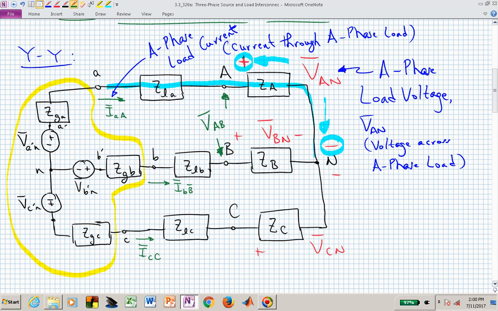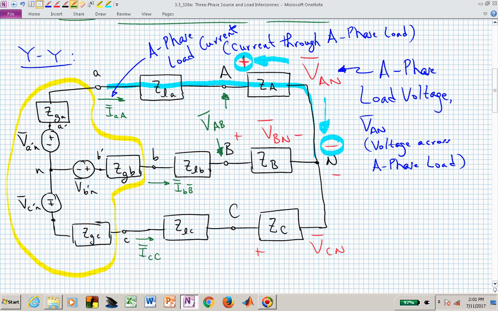The A phase load voltage is not the same in this particular interconnection pattern as the line voltage across terminals A and B. The B phase load voltage is capital V sub BN, and the C phase load voltage is capital V sub CN. I hope that's somewhat clear on the distinction between the A phase load voltage and the transmission line voltage or the line voltage V sub AB. Those are not the same.